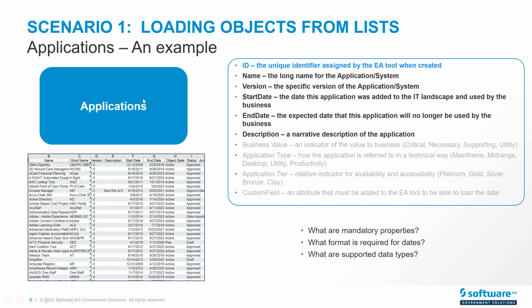If I look at the applications in this large box over here, the ID is going to be assigned when the application is added to the EA tool. What I'm going to load is the name, which is the long name, the common business name of the application, the version, the start date, which was when this application was put into the production environment and started being used by the business, and the ending date.